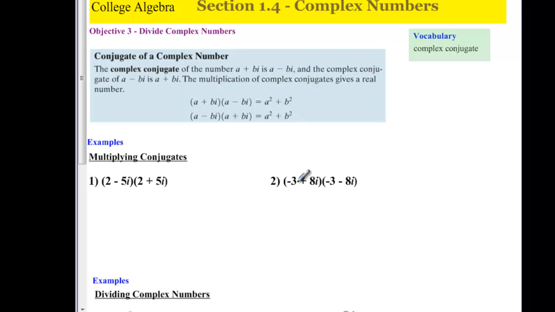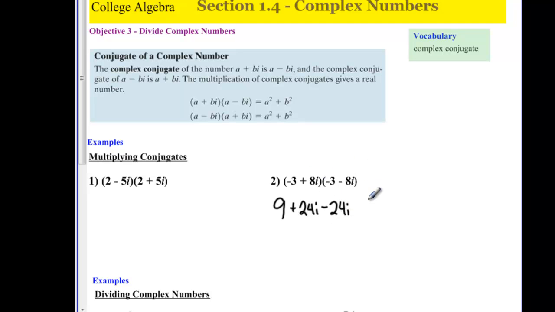All right, so whenever you foiled, what was the first thing you got? 9. It was a positive 9. I was waiting to trick some of you. So the negative 3 gives a positive 9. All right, negative 3 times the negative 8i. Okay, plus 24i. And then the 8i times negative 3. Minus 24i. Well, that's good.